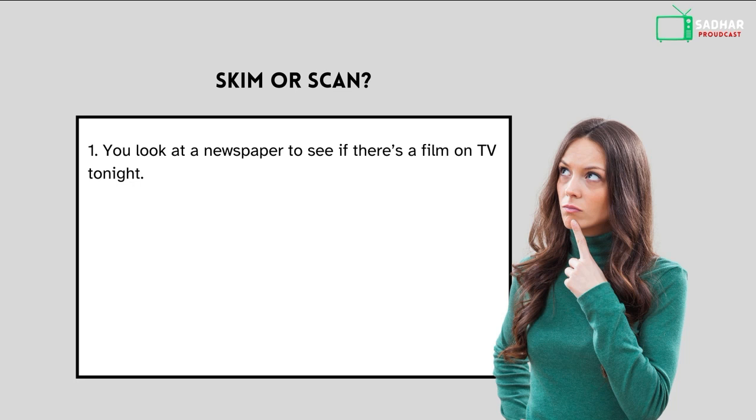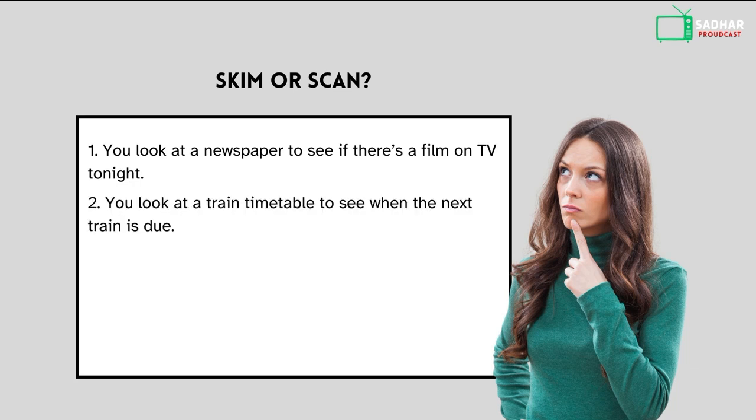Right, the next one. We need to get ourselves used to the idea of skimming or scanning. There are some topics here, and then we need to decide whether it is to skim or to scan. Number 1, you look at the newspaper to see if there is a film on TV tonight.